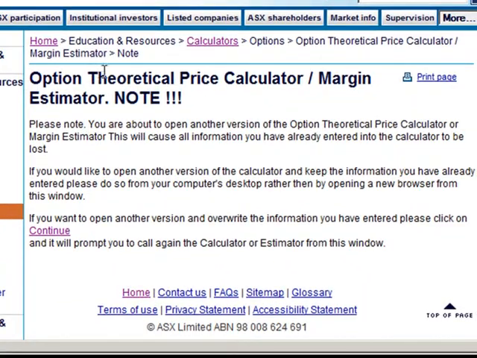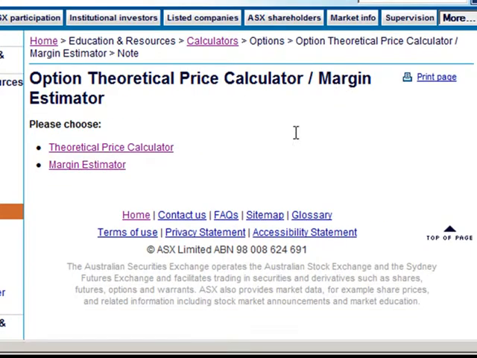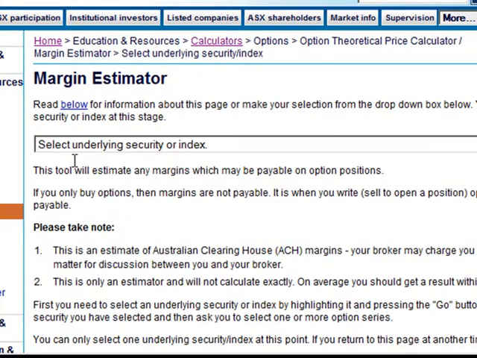It's here. Now all this is saying to me is that I was in here before, and if I continue, I'll lose the information I had before, which is fine. It's no big deal. The theoretical price calculator is actually here as well, but we are going to look at the margin estimator this time.